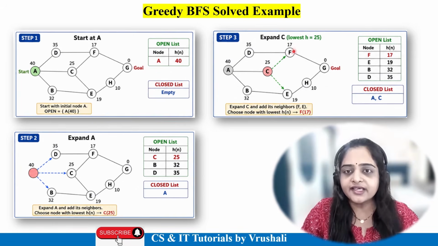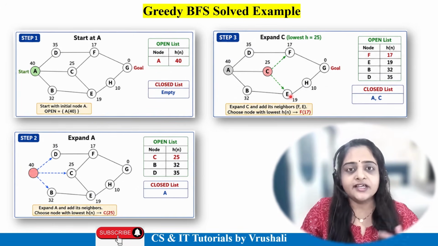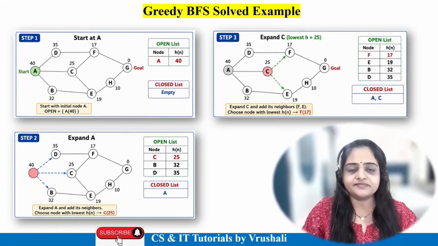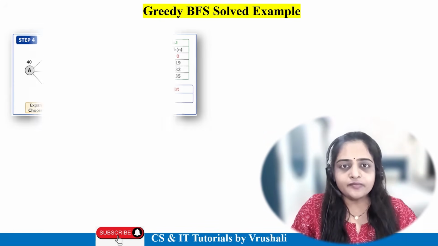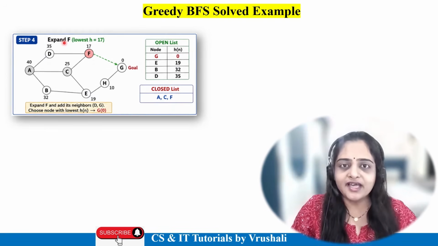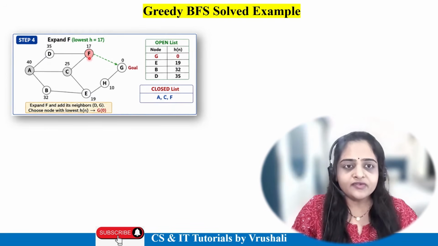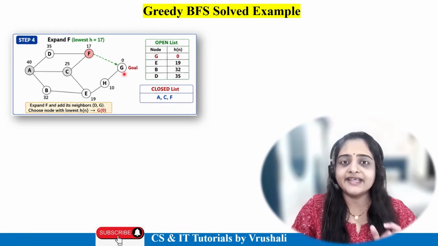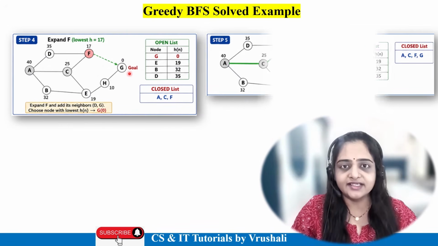So from C, again there are two paths, F and E. Check their heuristic values, F equals 17, E equals 19. So which one is minimum? 17. So after A, C, the next visiting node is F. Now in the next step, expand F. So from F, there is only one node, that is G, and G is your goal state, the final state.